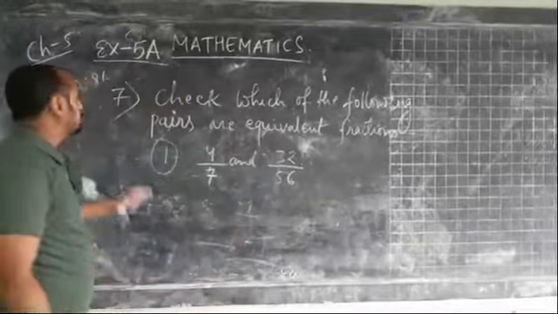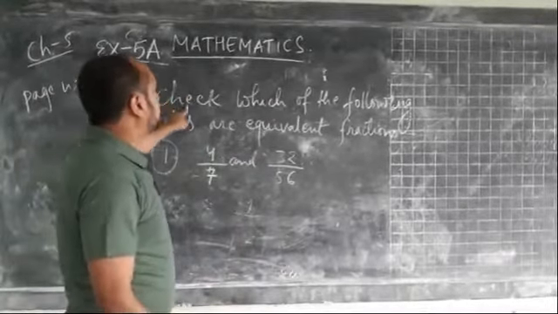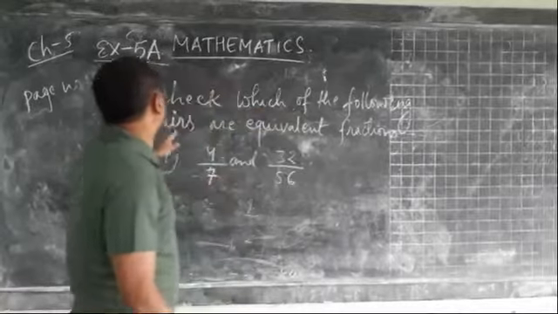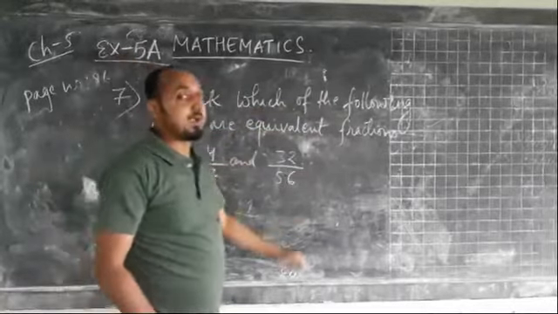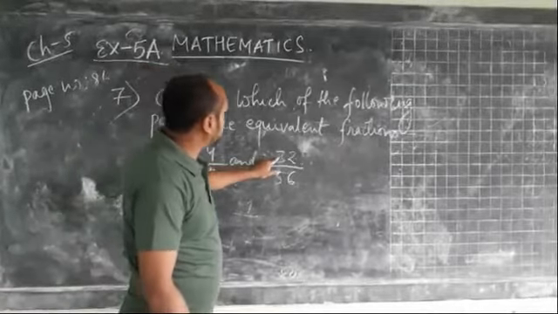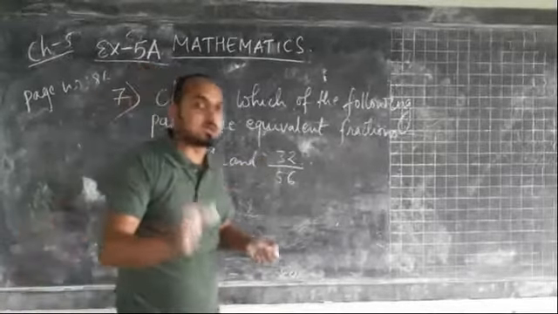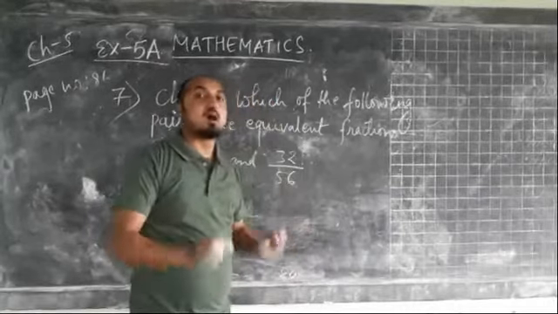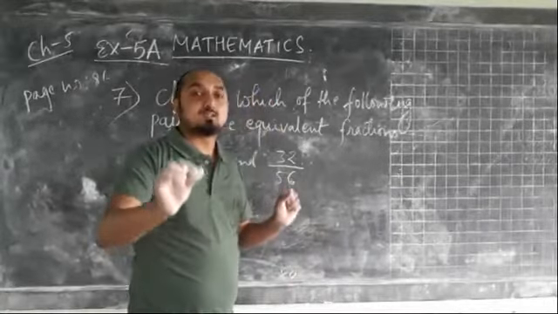Okay, next question, question number 7. Check which of the following pairs are equivalent fractions. The question gives 4 by 7 and 32 by 56. We have to check whether the given pair are equivalent fractions or not.